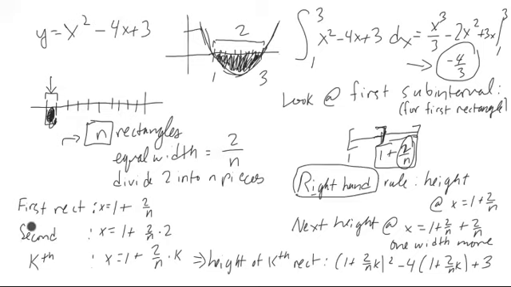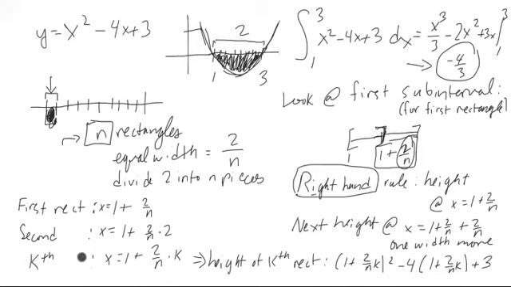Likewise, if we keep going, we see a pattern. For the third rectangle, we'll be going 3 widths over, so 1 plus 2 over n times 3. And in general, for the kth rectangle, because we're going to have lots of rectangles, we need to know what it is in general for the pattern. Here we can specify the pattern by making k a variable.